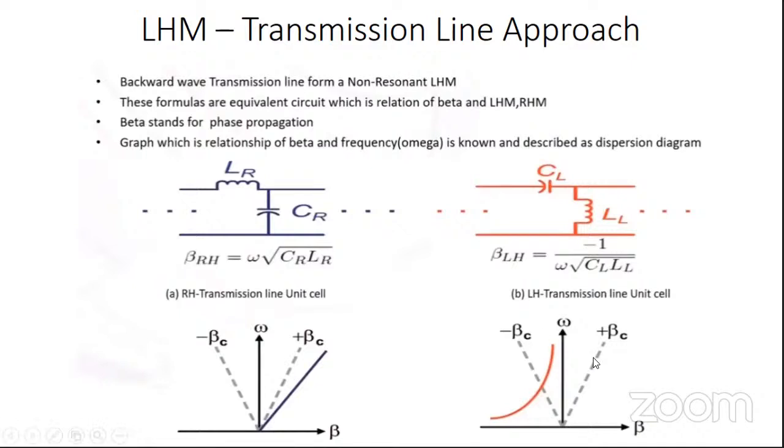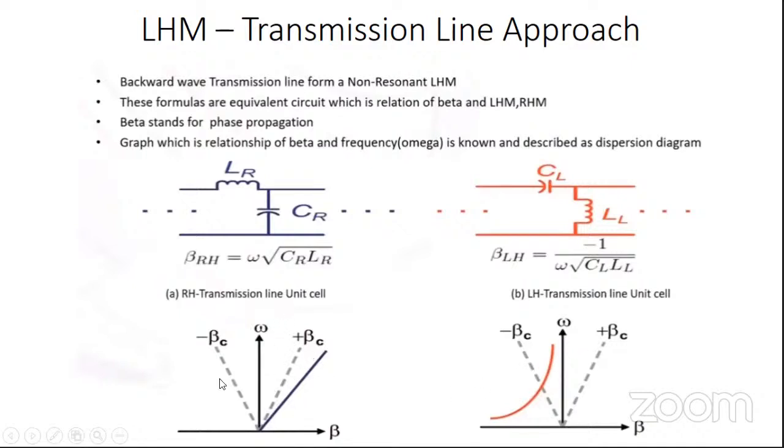Whereas in the left-handed material, when you draw the graph of omega versus beta, that graph is called the dispersion diagram. If you draw the graph using this formula, you will always get the negative gradient. This graph will always be in the second quadrant, and this one will always be in the first quadrant.